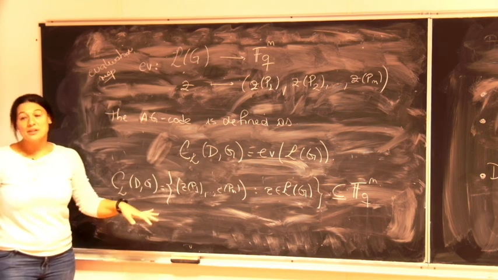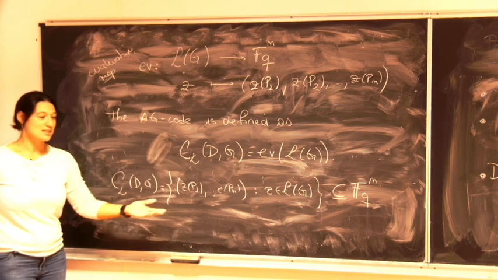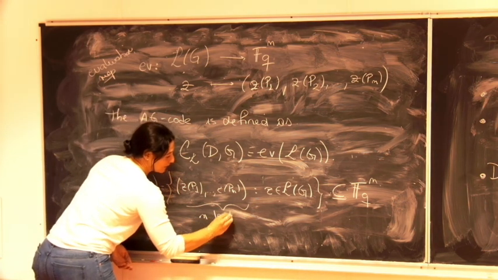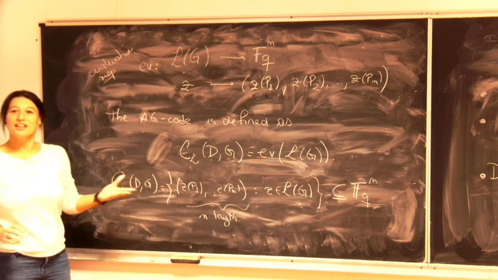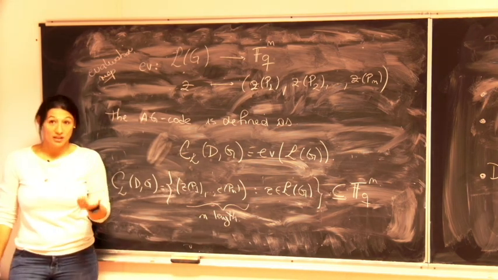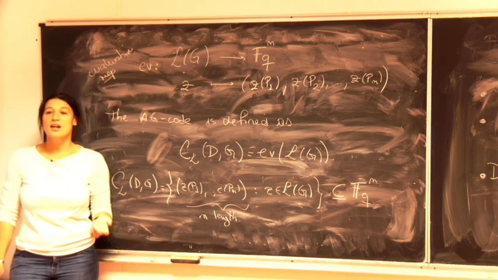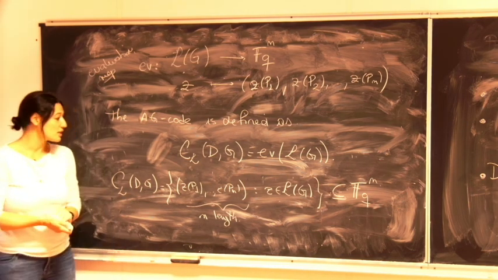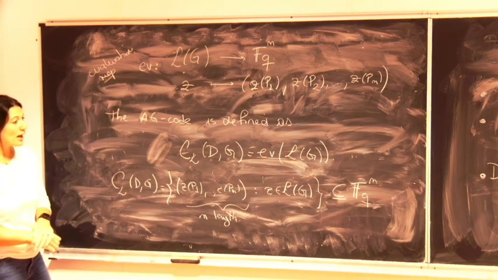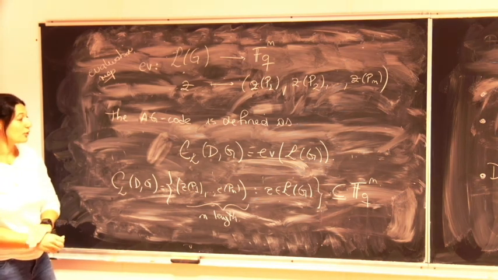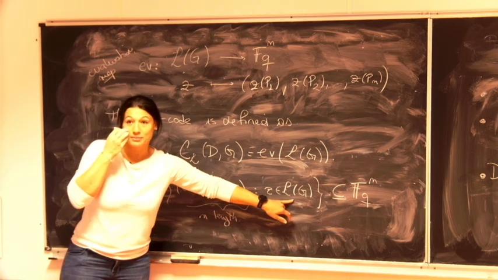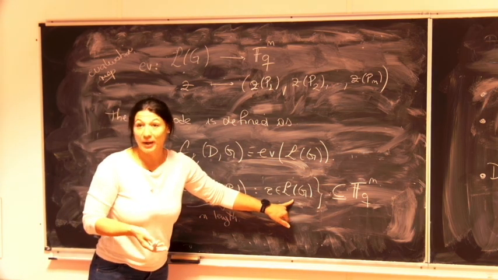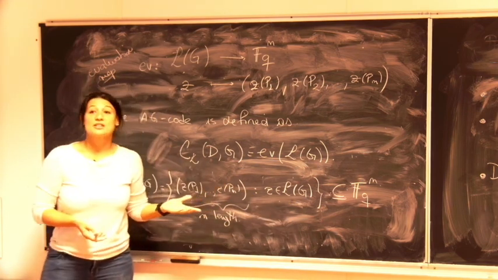We will see the parameters of this code. As you can see, the length is going to be n. That's easy. But we are going to see what happened with the dimension and what happened with the minimum distance. And we can construct bounds for these codes. We will say that, of course, a basis for this space is going to be needed if we want to create a generator matrix for this code.